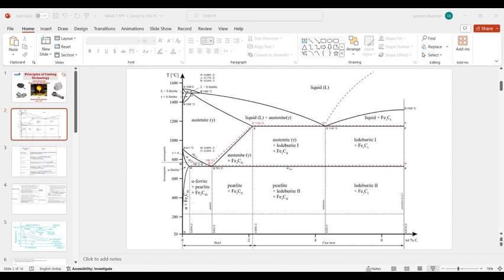So these three lines are representing the different cooling rates during the heat treatment processes of steel. As we can see in this graph, this line is representing eutectoid steel, at a temperature of around 723 degrees Celsius or 725 degrees Celsius.